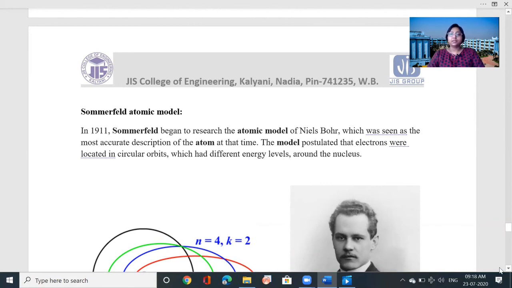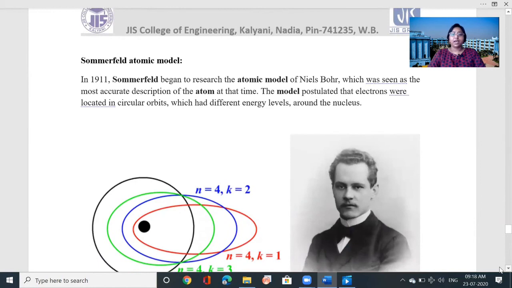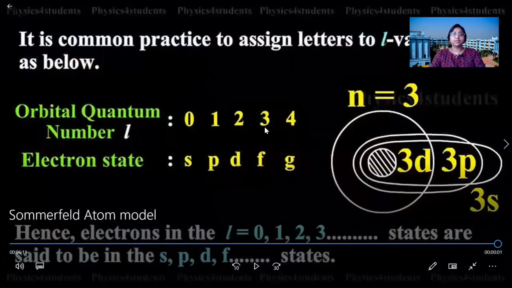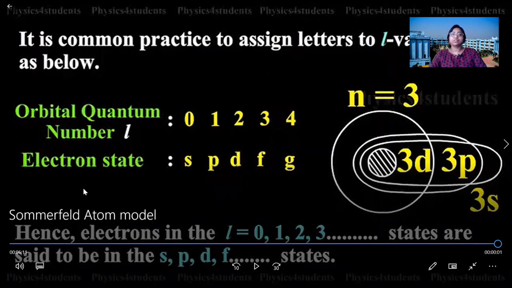And you have also learned the Sommerfeld atomic model, and you have seen visually the different orbitals. You have seen how the electron state depends on the orbital quantum number.